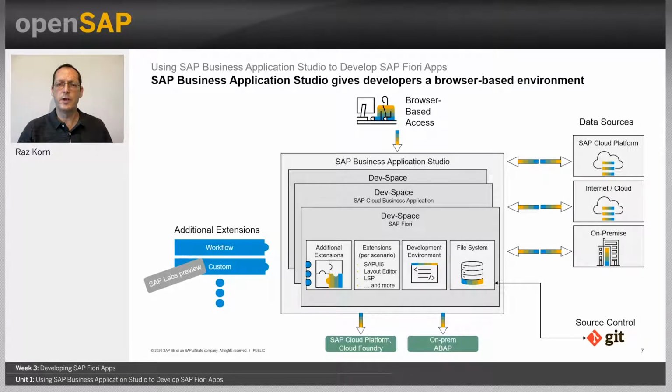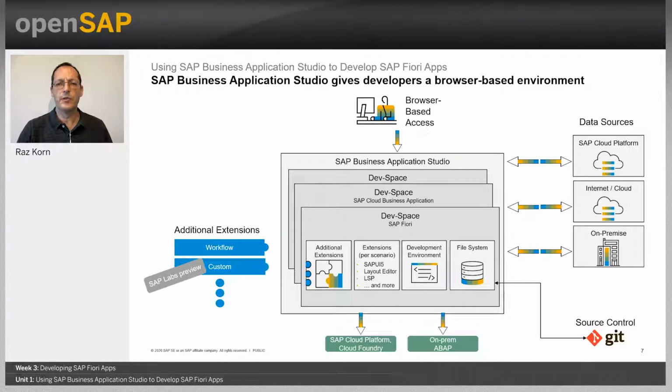Let's take a peek under the hood of SAP Business Application Studio. We'll start with the developer. All the developer needs is a machine running a browser and connected to the internet, as the App Studio is browser-based access. In the middle of the diagram, you can see SAP Business Application Studio with available dev spaces of various types. Each dev space contains a file system where the code is stored, and we recommend as best practice to use a Git source code repository.